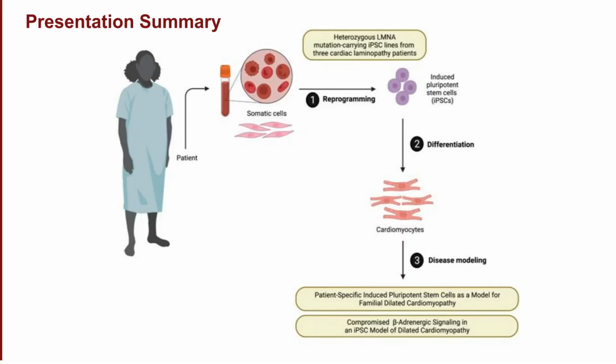In summary, I showed you how our group is using patient-derived cells for reprogramming of iPSCs. We discussed how cardiomyocytes can be differentiated. And then I showed you 2 examples of how these models have been employed to gain a deeper understanding of DCM pathogenesis.